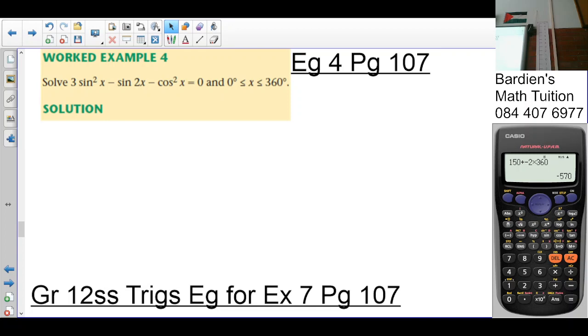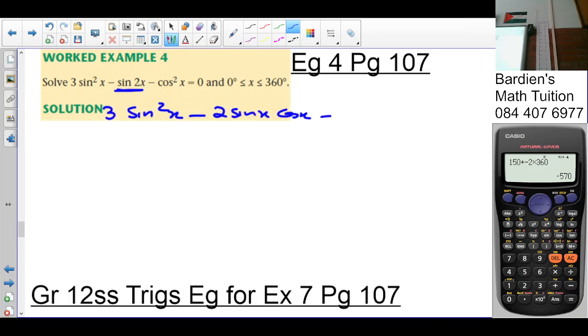Again, we've got the restricted domain there, or given interval. So what can we do first? Sine 2x can be written as what? 2 sine x cos x. So it's minus 2 sine x cos x, minus cos squared x is equal to 0.